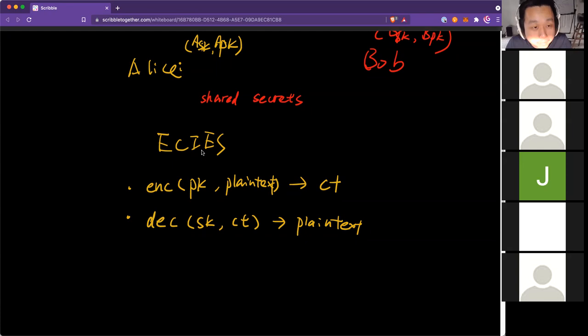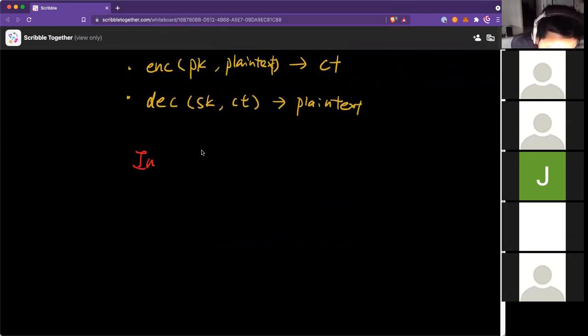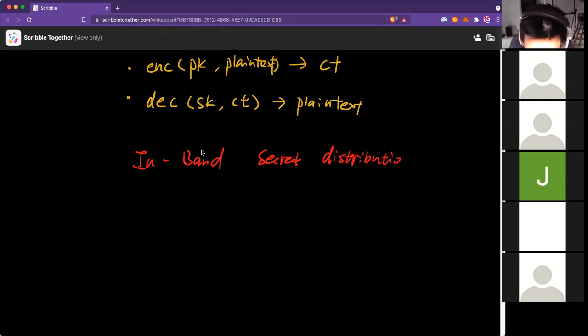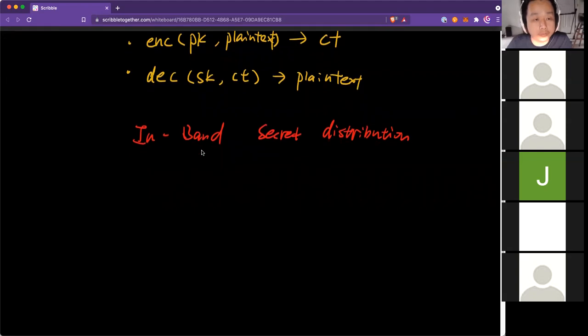In Manta, we use it in the so-called in-band secret distribution. For example, let's say Alice wants to send Bob 5 P dot in Manta privately.